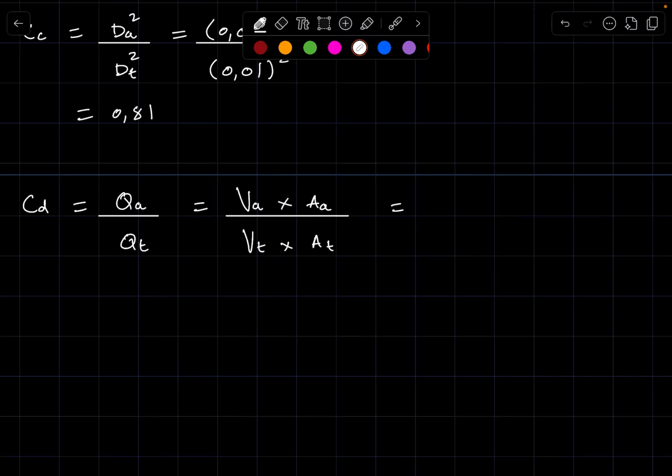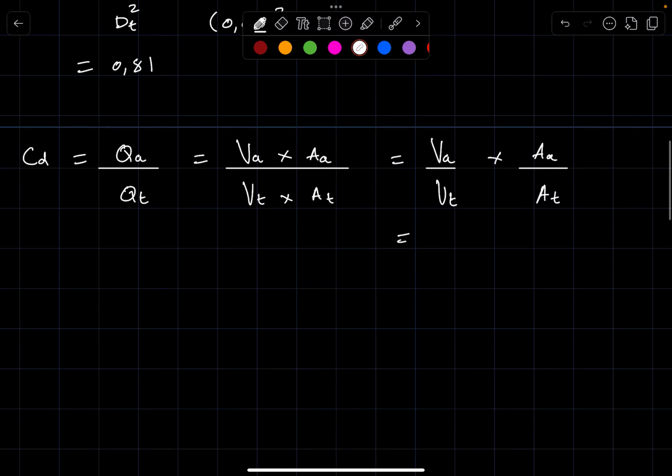Now if you further break this down, mathematically, we take this as one term and we multiply it by taking this as one term as well, meaning we could say that this is equal to VA divided by VT times AA divided by AT, right? And that is where essentially CV times CC comes from, right?